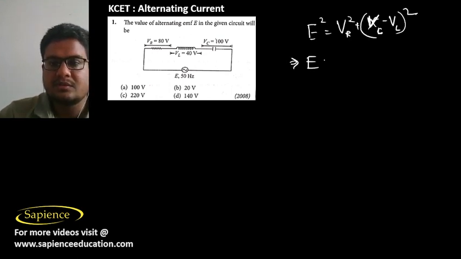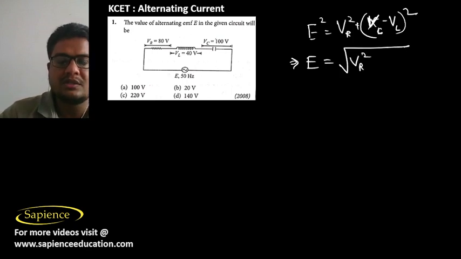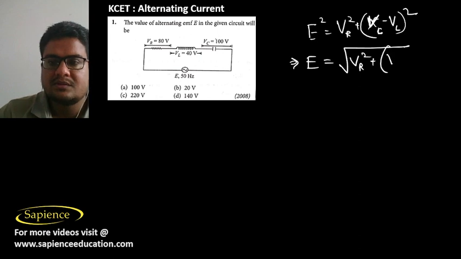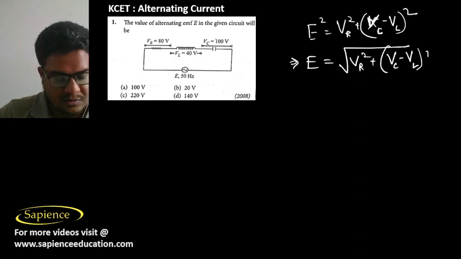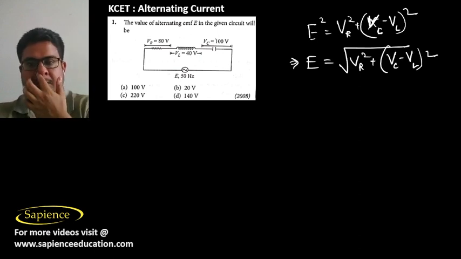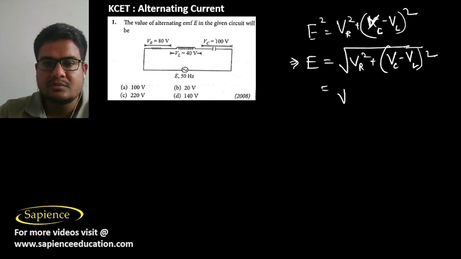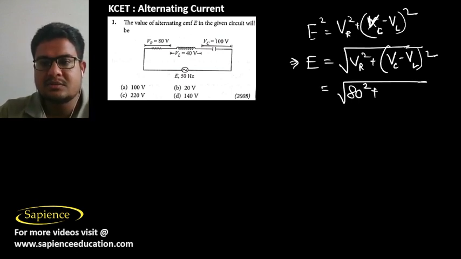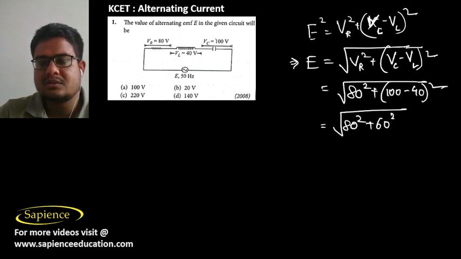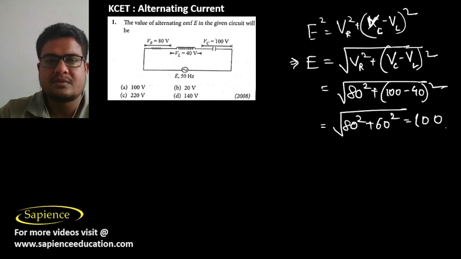Therefore E will be equal to square root of VR square, where VR is the voltage across the resistance, plus (VC minus VL) whole square. This will be square root of 80 square plus (100 minus 40) square, which is 80 square plus 60 square, equal to 100. So the alternating EMF is 100 volts. A is the correct answer.